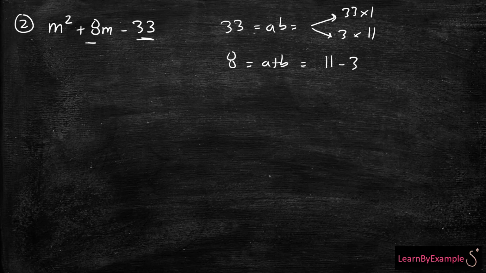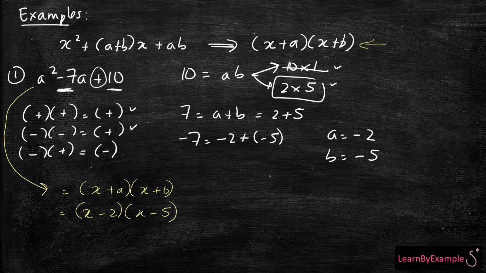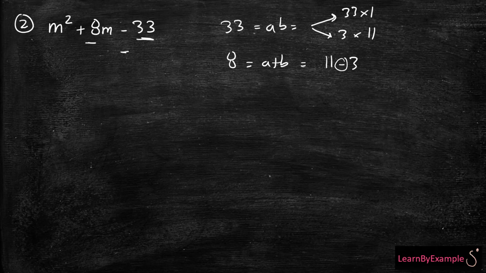Now look at your sign conventions again. You can think to yourself, I have a negative here, does that make sense? It's negative 33 that we want. If we want a negative product, you have to have two opposite signs, one negative and one positive. So does it make sense that 11 is positive and 3 is negative?